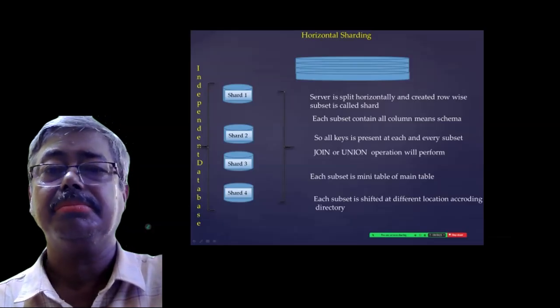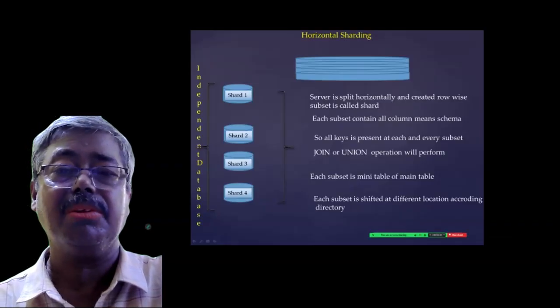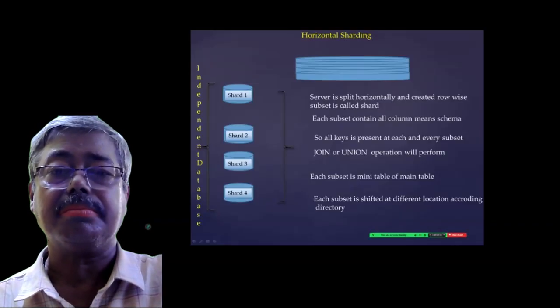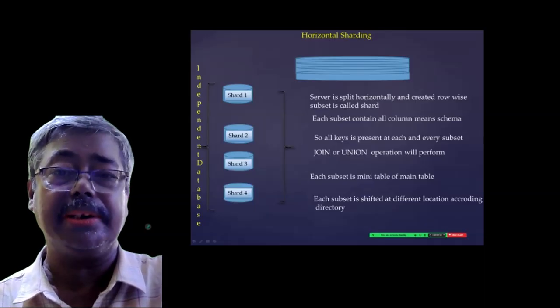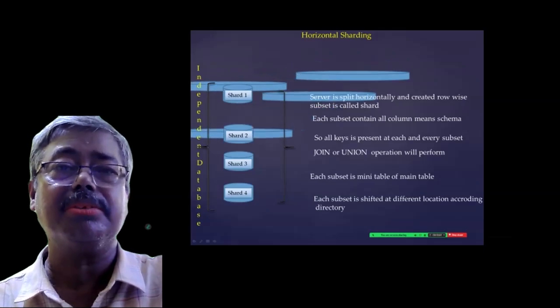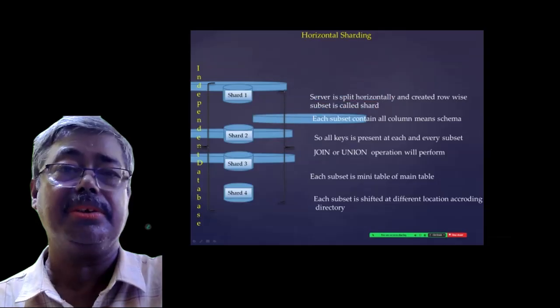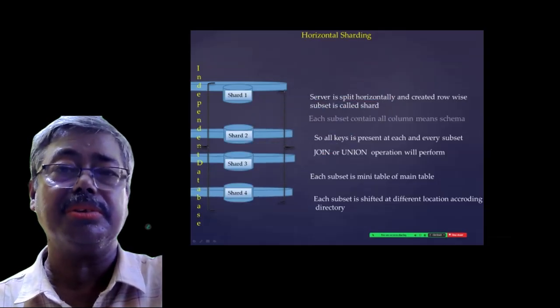Each subset is like a mini table of the main table, and each subset is shifted to a different location according to the directory. In this way, the table is horizontally divided, split, and shifted to each shard.